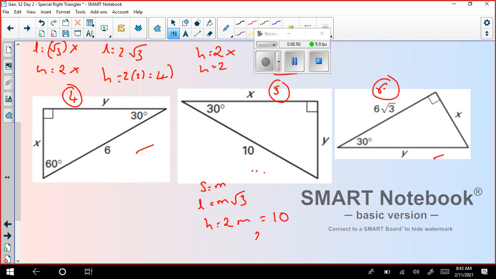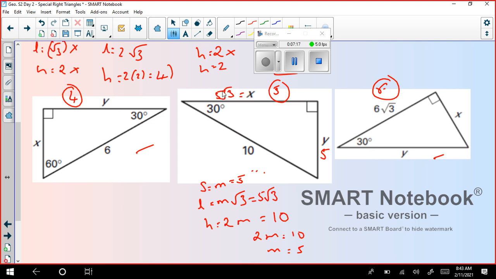So 2m is 10, which implies m equals 5, dividing by 2. So I get the smallest leg, which is 5, and the largest leg as 5 root 3. So y equals 5 units, and x equals 5 root 3.